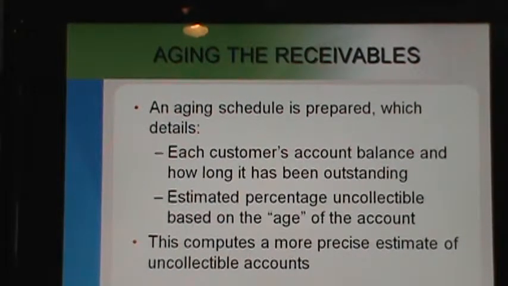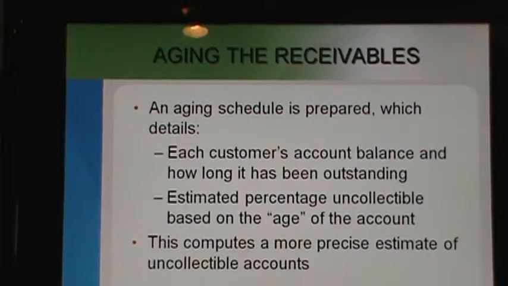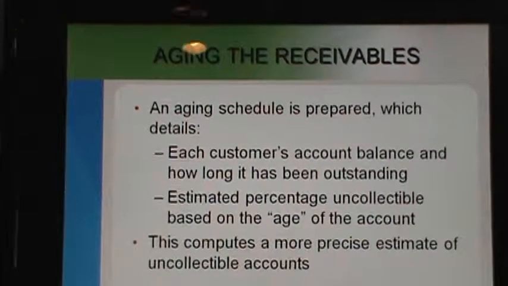Estimated percentage uncollectible is based on the age of the account. So the older the account has been uncollected, the less likely it is going to be collected on. If it's 30 days past due, there's still a pretty good chance it's going to be collected on. If it's 4 years past due, there's a pretty good chance that it's not going to be collected on. So this computes a more precise estimate of uncollectible accounts.